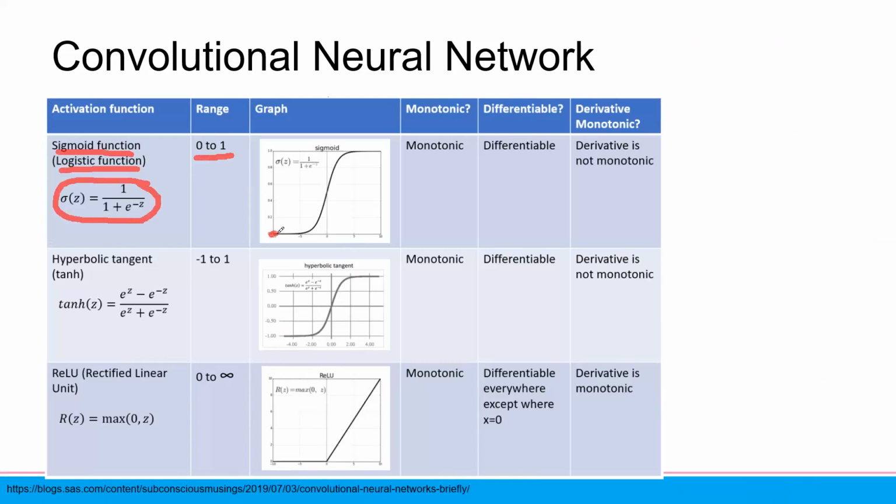It will give you values which are not always 0, but some values with a better approach for the next layer. It is monotonic, differentiable, and the derivative is not monotonic. If you use the hyperbolic tangent, the range is between -1 and 1. It is monotonic and differentiable, and the derivative is not monotonic.